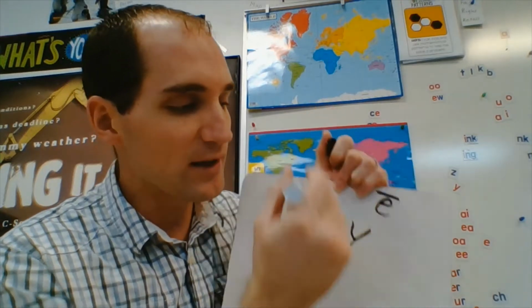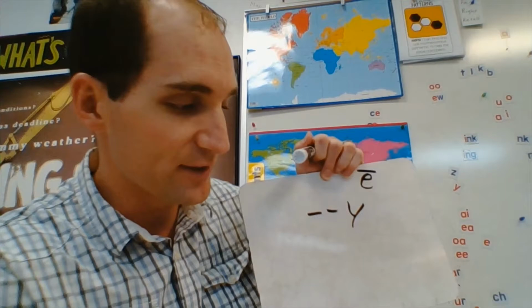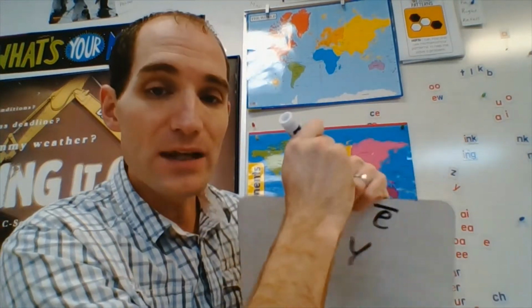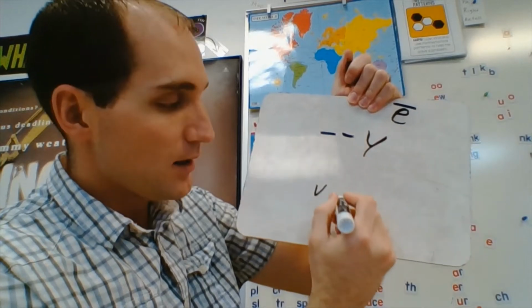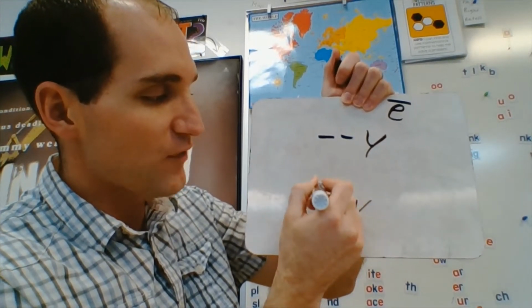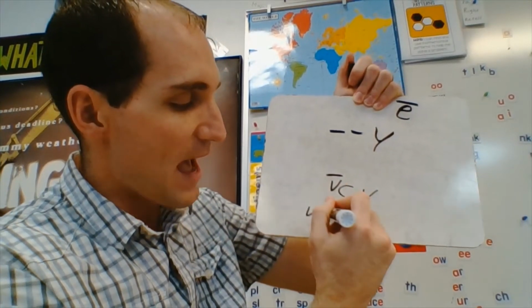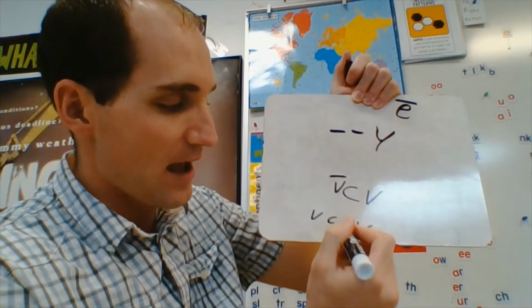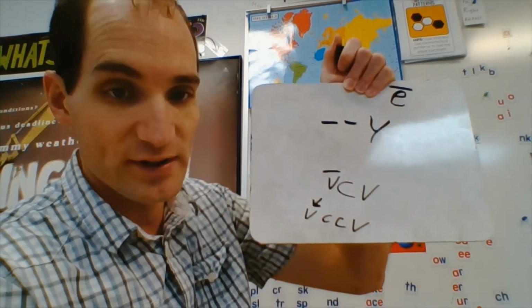And when we're spelling, you need to know that, but there's a few other things that are tricky on our spelling list too. One of the main ones is we got to remember from last week. If we have a vowel, consonant, vowel, the first vowel says its long sound. If we have a vowel, consonant, consonant, vowel, then this first vowel will say its short sound.